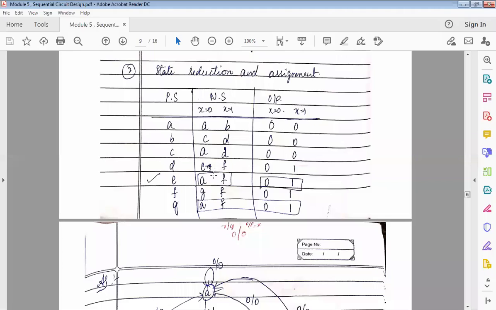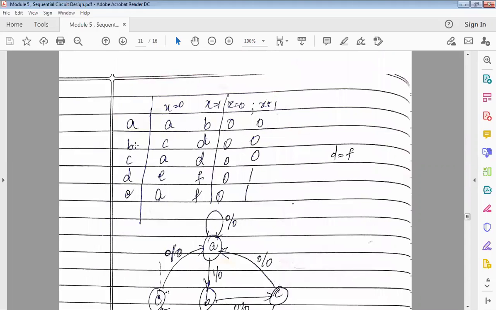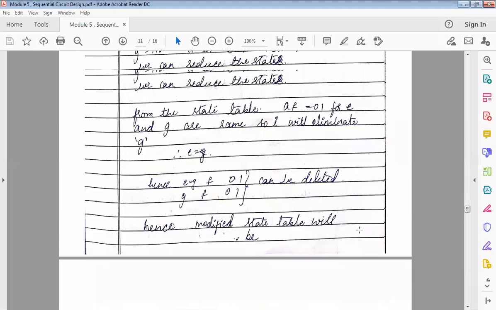If GF happens, here also I have GF, right? Which means D is equal to F. So this one also I can eliminate, yes or no? Yes, sir. So two states are eliminated. Which means I have only A, B, C, D, E. Just come down here. A, B, C, D, E. That's it. Understood? Is it clear or not?